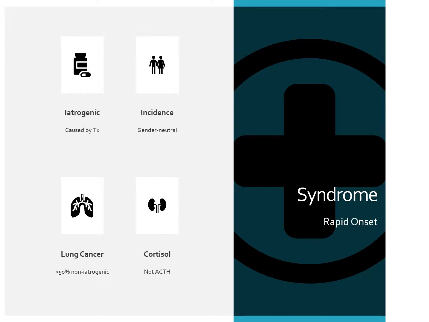And syndrome, in large part, we see because of cortisol. Now, a small cell lung cancer could produce ACTH, but 9 times out of 10, what you see is a hypersecretion of cortisol, not a pituitary ACTH, or that ACTH, as I said before, is ectopic, or being created outside of the brain.